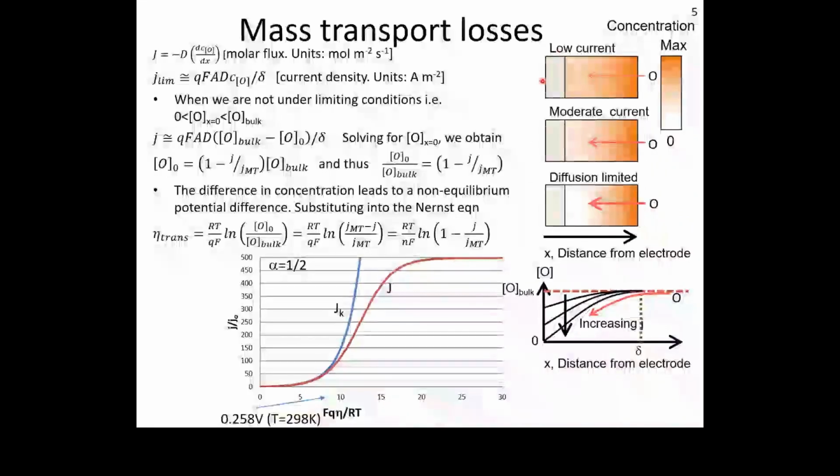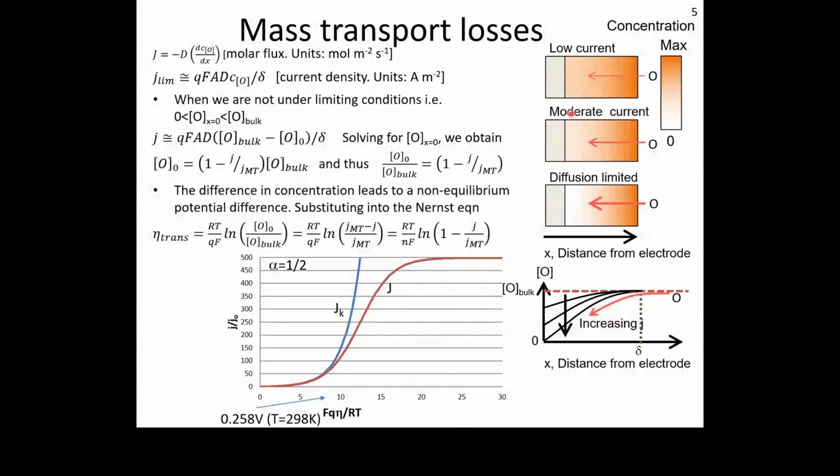If we have our electrode here and we have the bulk solution here, as we start some sort of reaction occurring at the electrode surface, we will consume our oxidant, and of course we will end up with a chemical potential gradient or a concentration gradient, which will mean that we will transport O towards the surface.